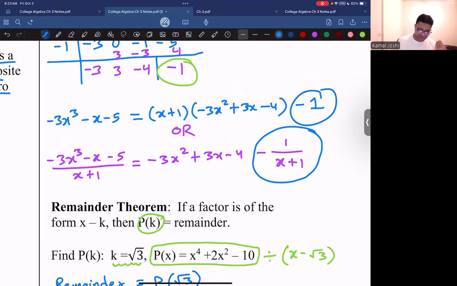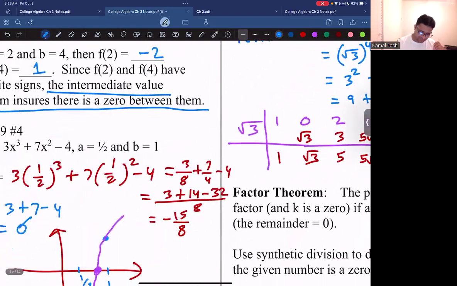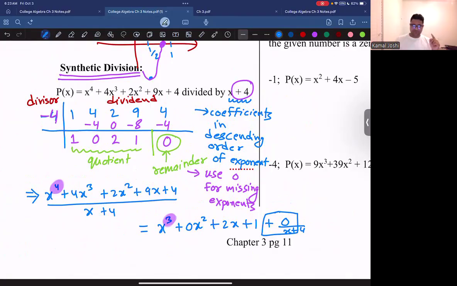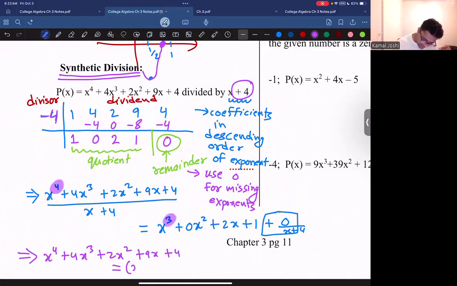And actually, we already saw that in this problem. Remember earlier when we did this problem here at the bottom, I could have rewritten it. I wrote it as a division here, but at this point, let's say we write it as a product. So 2x squared plus 9x plus 4 will be equal to x plus 4 times that, right? x cubed plus 2x plus 1, 0x squared.